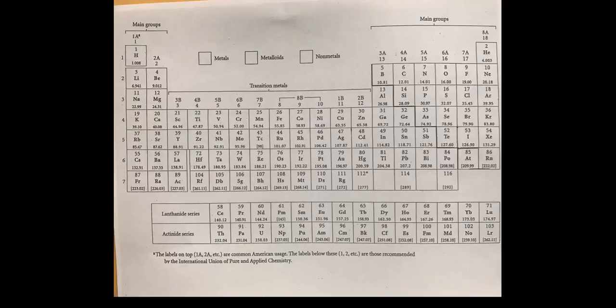How many electrons can go in our n equals 2 shell? Based on how many elements there are across the table? 8, right?